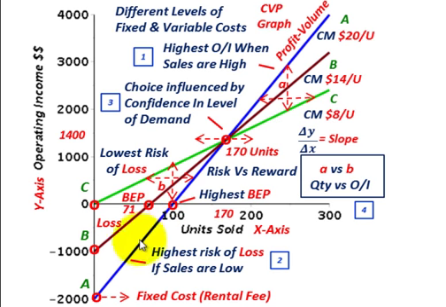For option A, we have to cover those fixed costs of $2,000 before we start generating any positive operating income. Based on that contribution margin of $20 per unit, you're going to have a break-even point of 100 units. So for your break-even point alone, with option A you're going to have to sell a whole lot more units than your other two options.